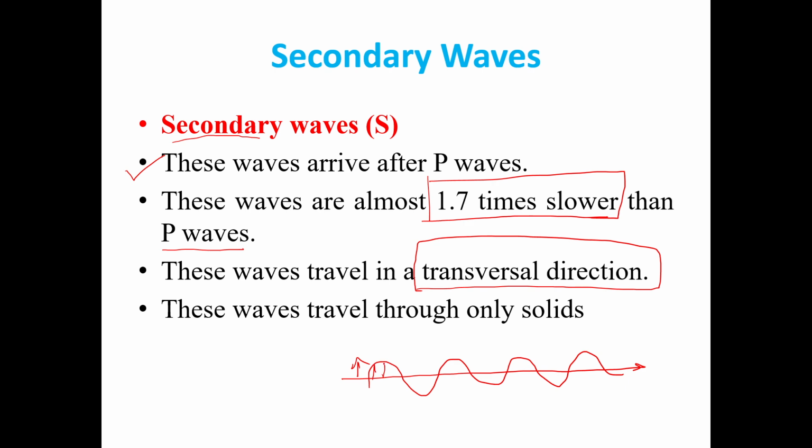So the movement will be like that. They can travel through solids only because they need shear strength to travel. Solids have shear strength, but liquid does not have shear strength. That's why these waves cannot propagate through liquid.